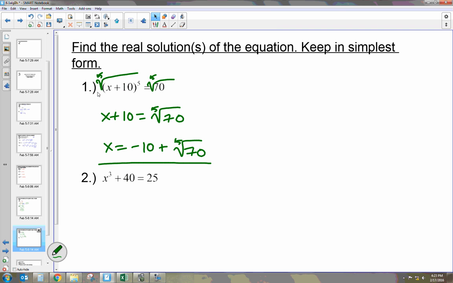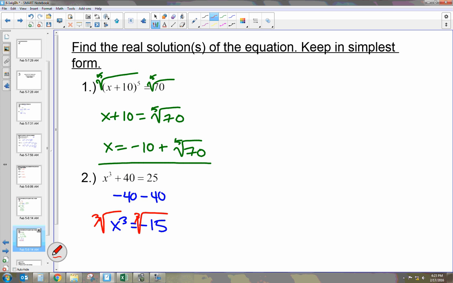Okay, our next one, we're going to subtract 40. We have x cubed equals 25 minus 40, which is negative 15. We cube root both sides. Since it is odd, we can have a negative, so it'll be x equals the negative cube root of 15.